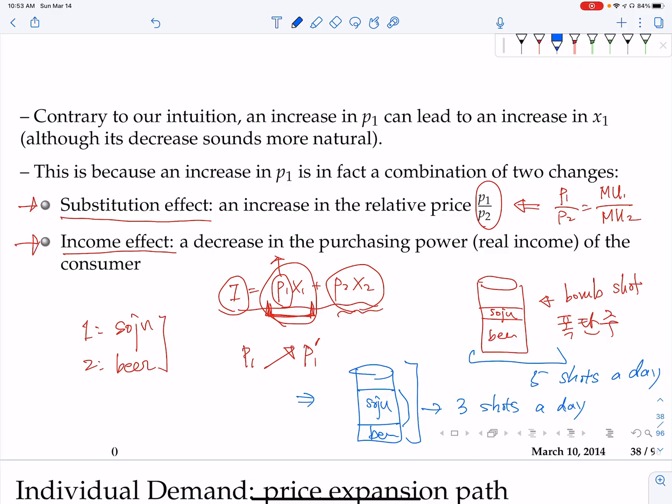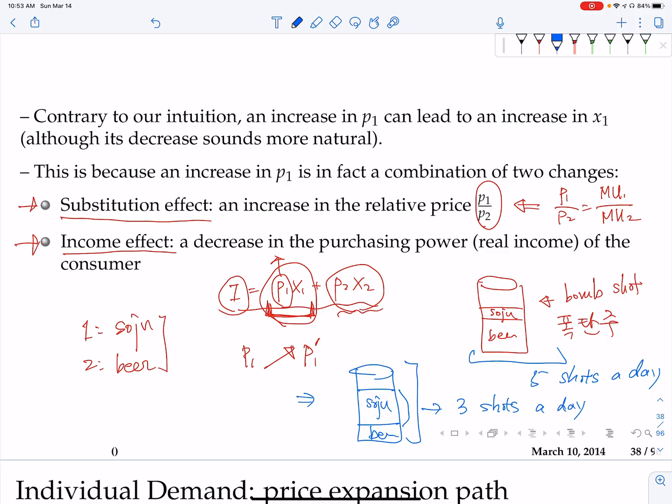So basically, you became so poor that you end up buying cheaper goods. To be precise, this is called an inferior good, right? So that's what's going to happen. In other words, if the income effect is very strong and the first good is an inferior good, then you might get more of that.